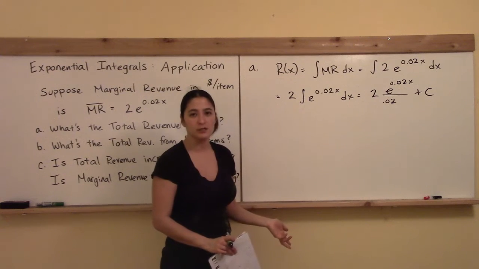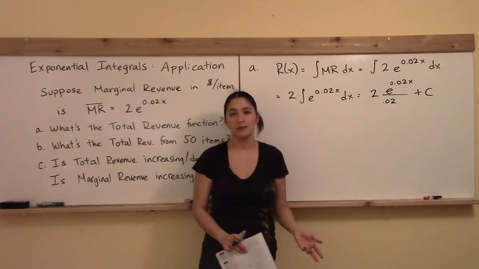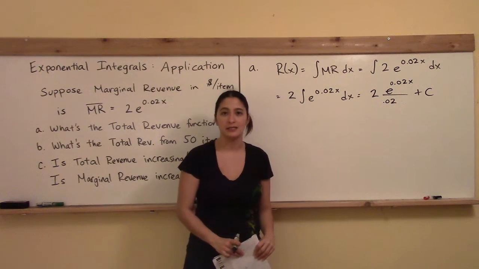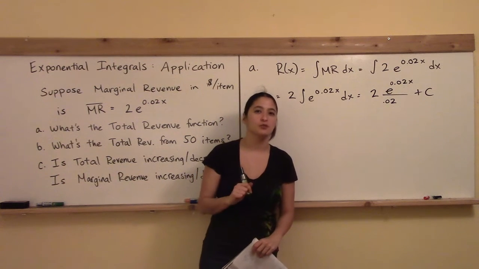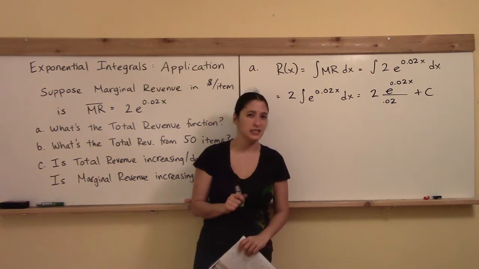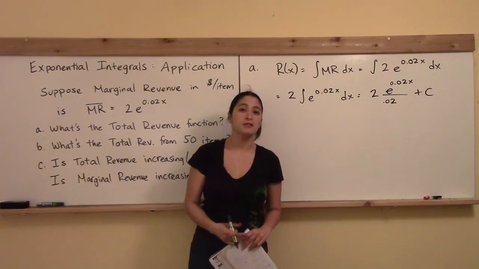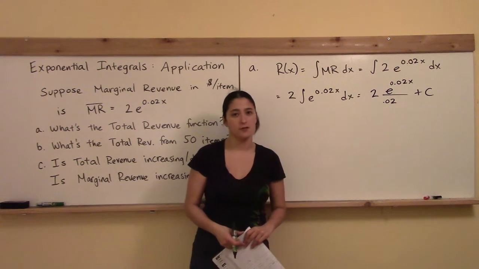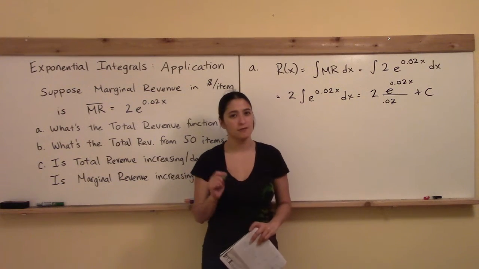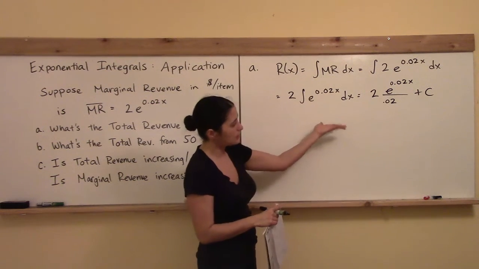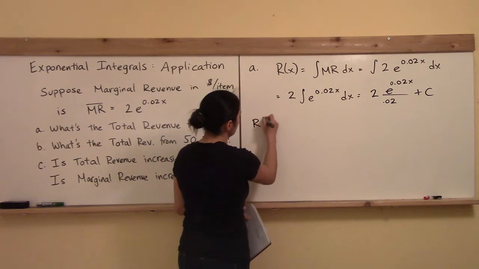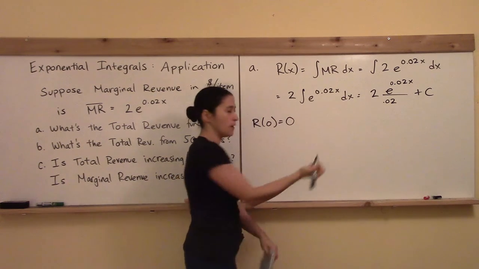And then the rest of the problem for part A is going to be to figure out what the plus c is. Now, in previous problems like this, you may have noticed that the plus c often turns out to result in c equals 0. That happens a lot, but it doesn't happen all the time. So do not make the mistake of thinking that I can immediately say c is equal to 0 just because I know R of 0 equals 0.